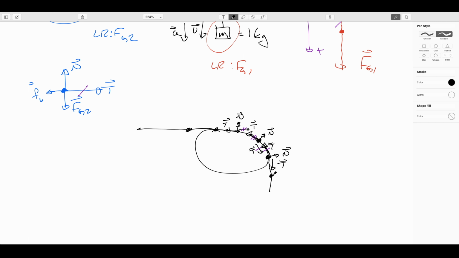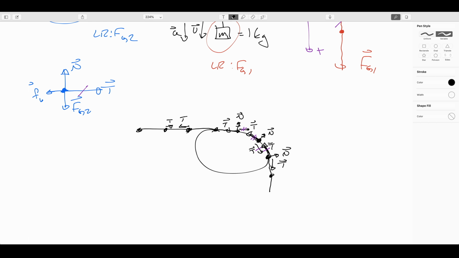So as we go around and around and around the pulley, what we get is a collection of second and third law pairs. So here, these two are equal by the second law, then these two are equal by the third law, second law, third law, second law, third law, and so forth, until finally we're going along the string, and we can just say, again, it's the same deal here.